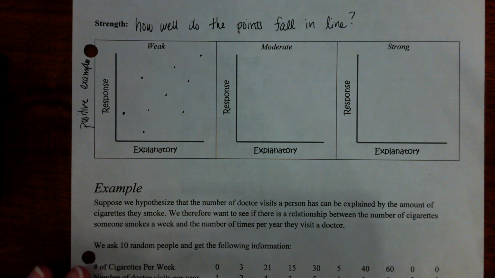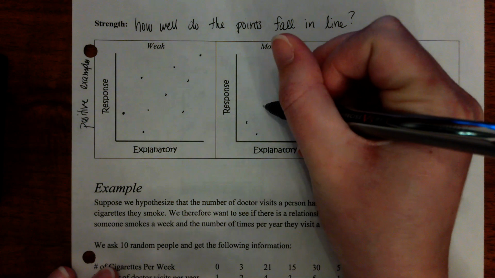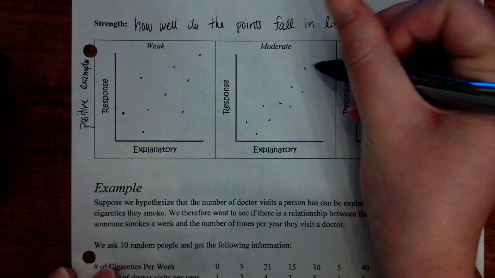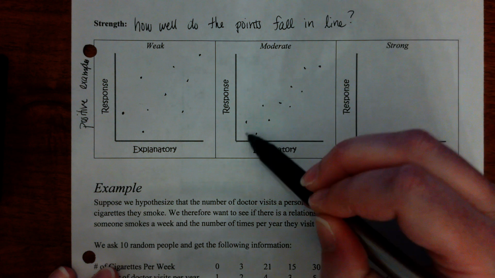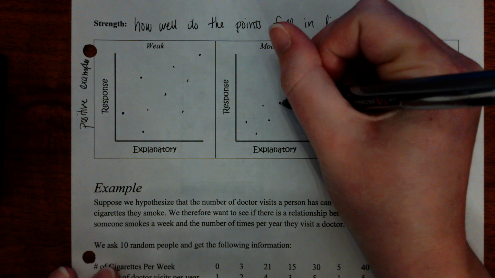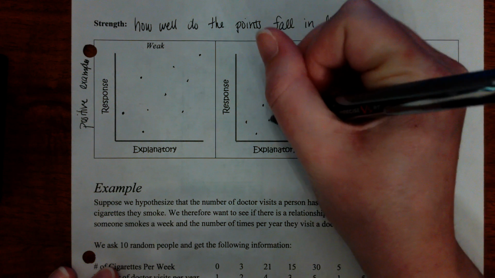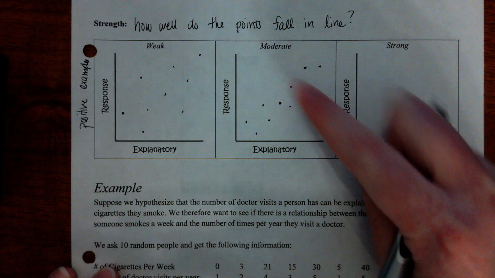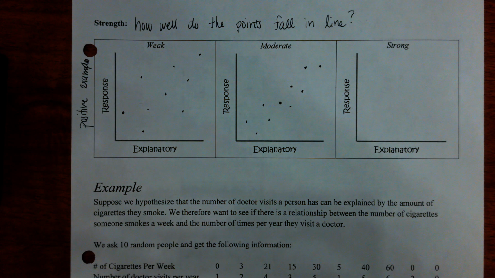So a moderate would be something like where the points are really close together, like this, where I can tell that it's actually really increasing and it's starting to get stronger. So we have all these different points here that are getting closer together. We're having more spaces on the outside of my points. And strong means they're going to be really, really close together.